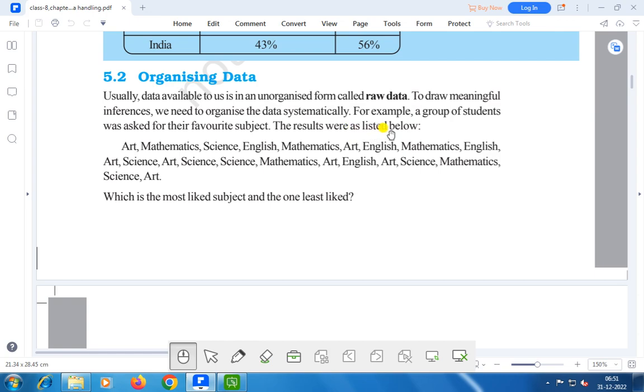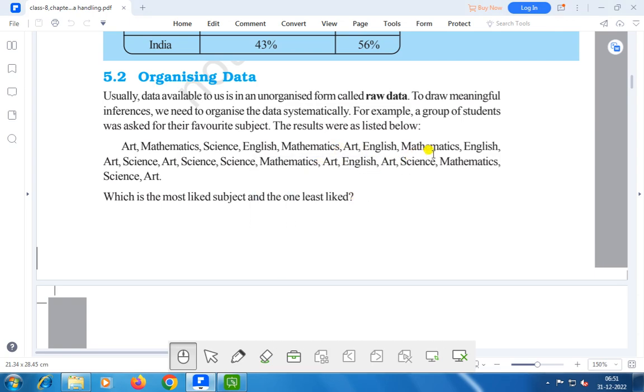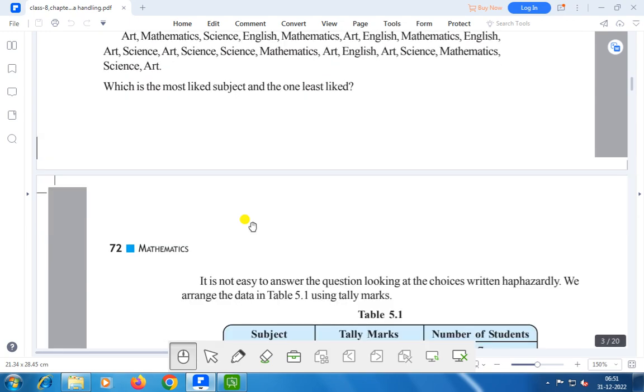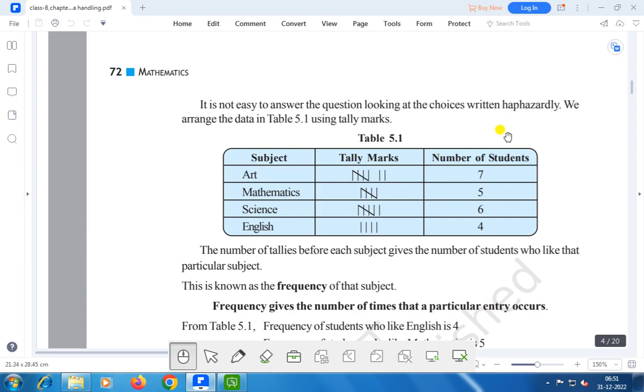The results were listed below: art, mathematics, science, English, mathematics, art, English, mathematics, English, art, science, science, mathematics, art, English, art, science, mathematics, science, art. Which is the most liked subject and which one is least liked? It is not easy to answer the question looking at the choices, as the choices are written haphazardly.